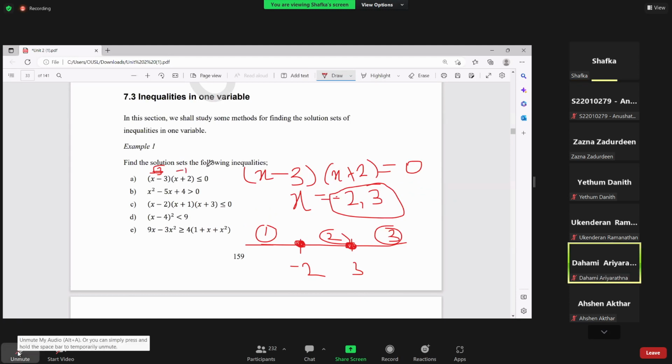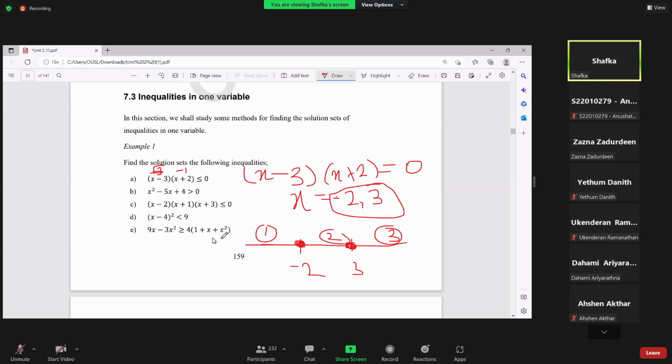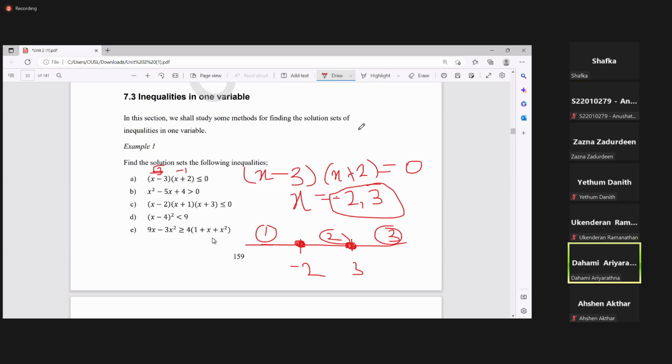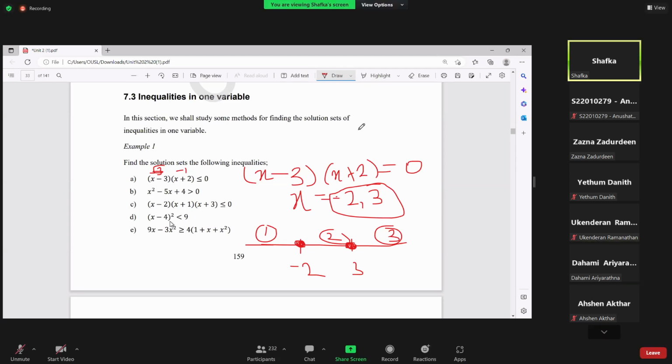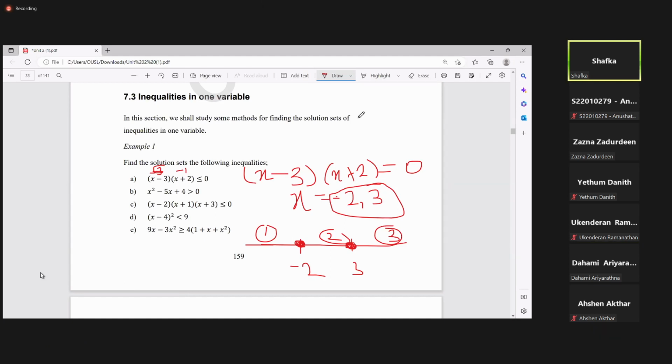Minus 6 times minus 1 is equal to 6. Is it positive or negative? Positive. Then can we include region 1? No. Then we have to neglect that part.